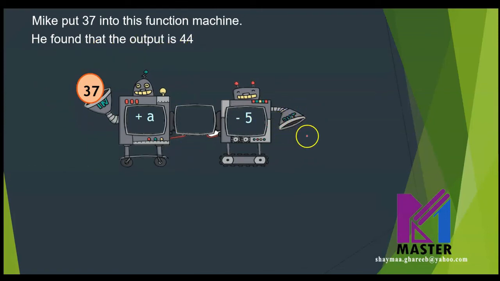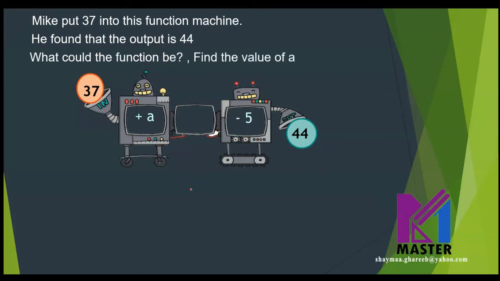So where is the output? Here it is. This is the output, 44. Now I want you to look at this function machine and figure out what's going on inside this function machine. First, the function machine will add A, then it will subtract 5. Okay, so let's see. What could the function be and find the value of A?